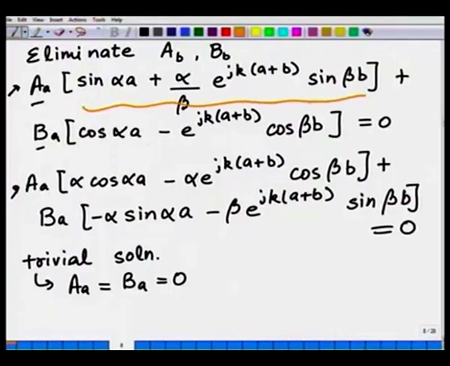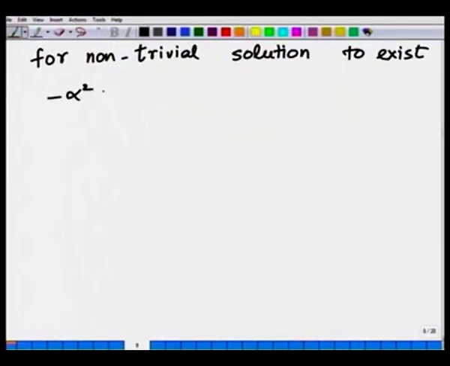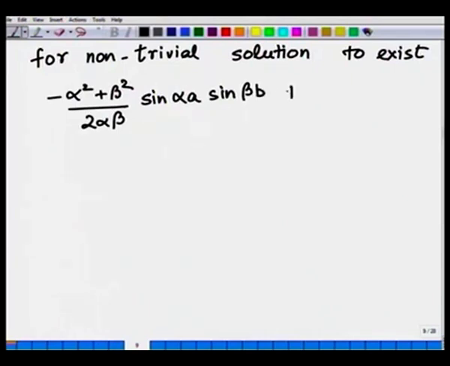So, the nontrivial solution will exist if these 4 coefficients which you see here form a determinant whose value is 0. If I write that out and expand this determinant, then I will write this as (alpha square plus beta square) by 2 alpha beta sin alpha A sin beta B plus cos alpha A cos beta B equal to cosine of k (A plus B).